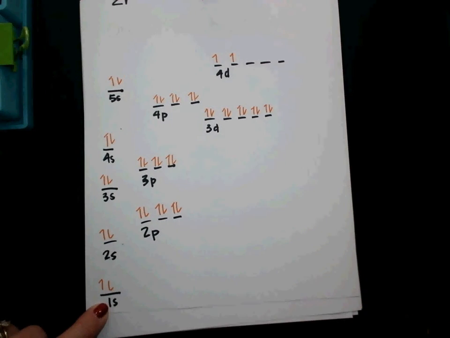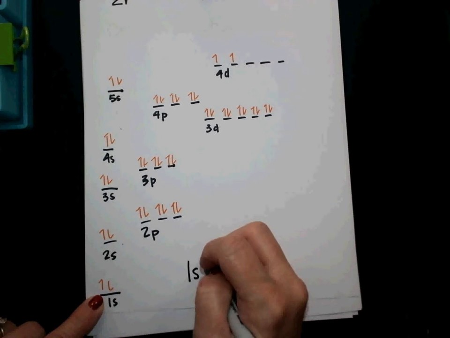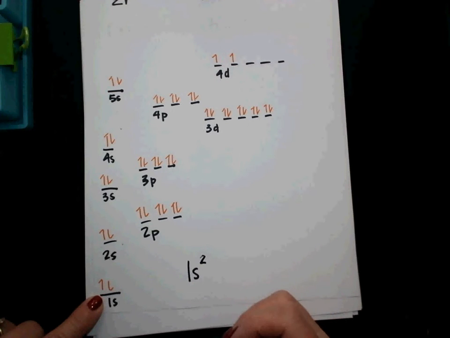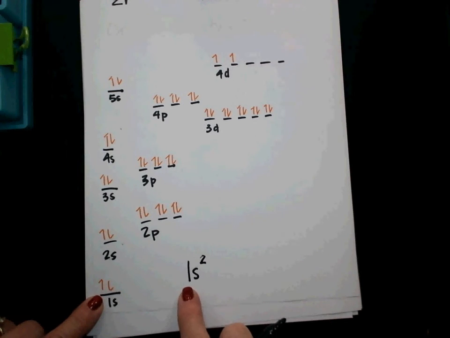I start with my lowest energy level and the sublevel that's present, so I start with 1s, and then I ask, how many electrons are there? Oh, there are 2. And those electrons become a superscript.